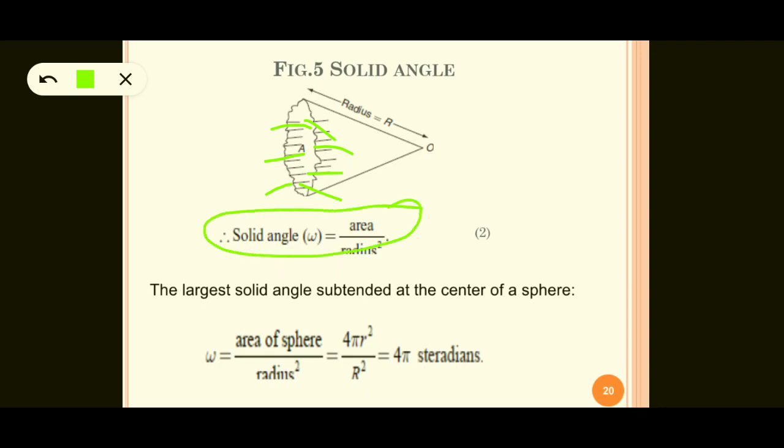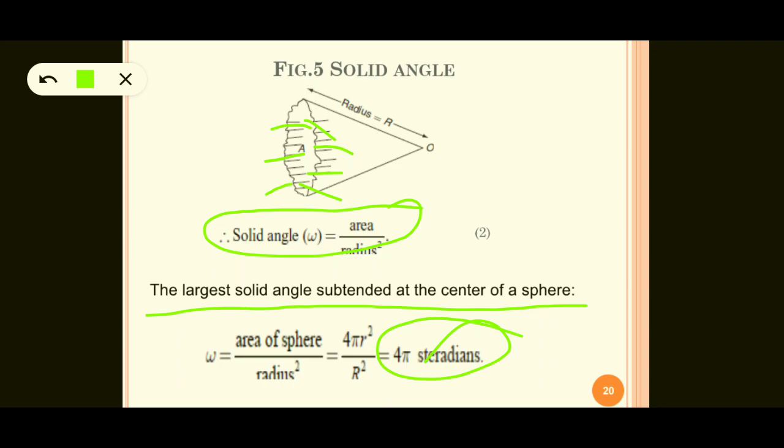So the largest solid angle is subtended at the center of the sphere. At the center of the sphere, the largest solid angle is present. So the solid angle omega is equal to area of sphere by radius square. The area of the sphere is 4 pi r square, so 4 pi r square by r square is equal to 4 pi steradian.